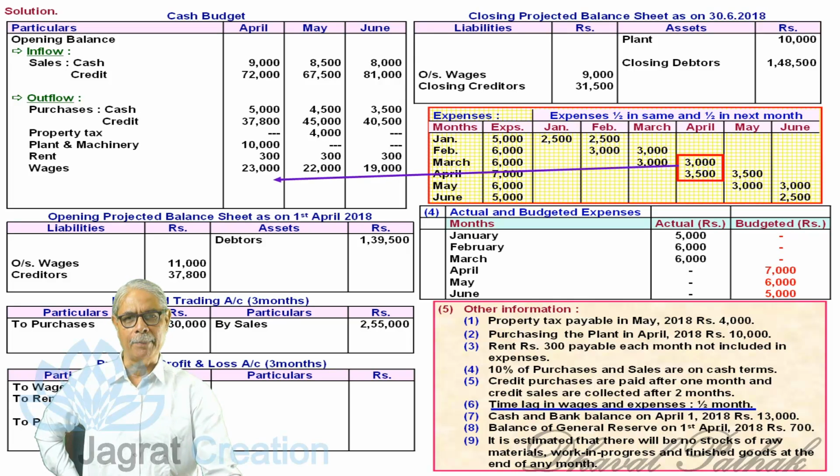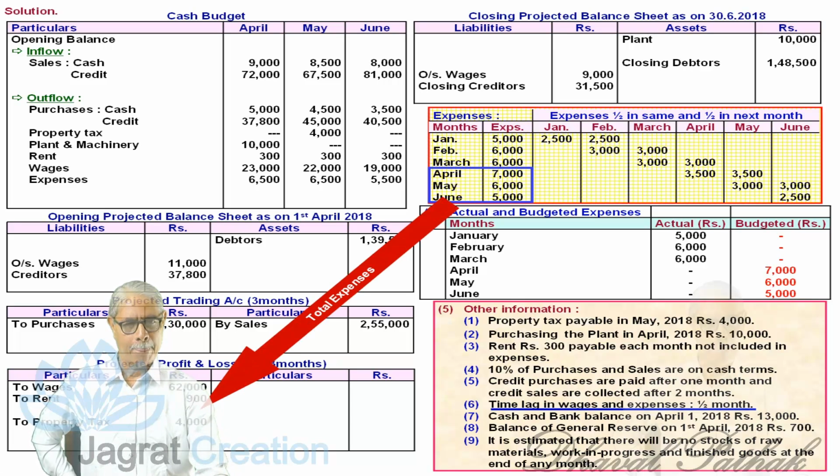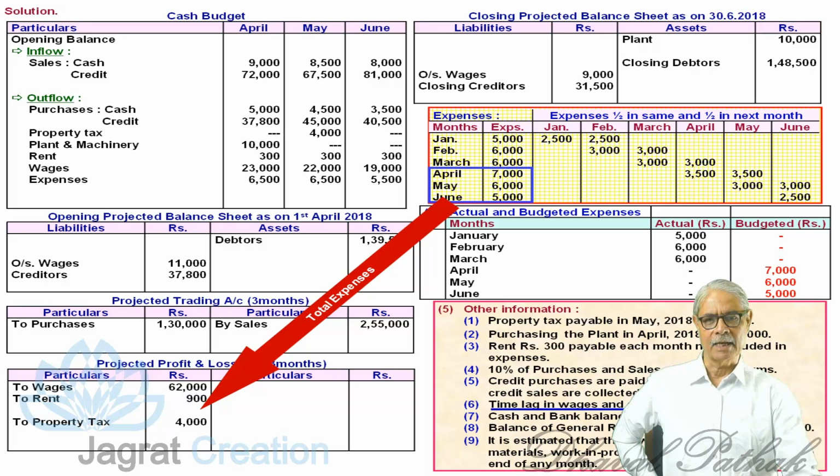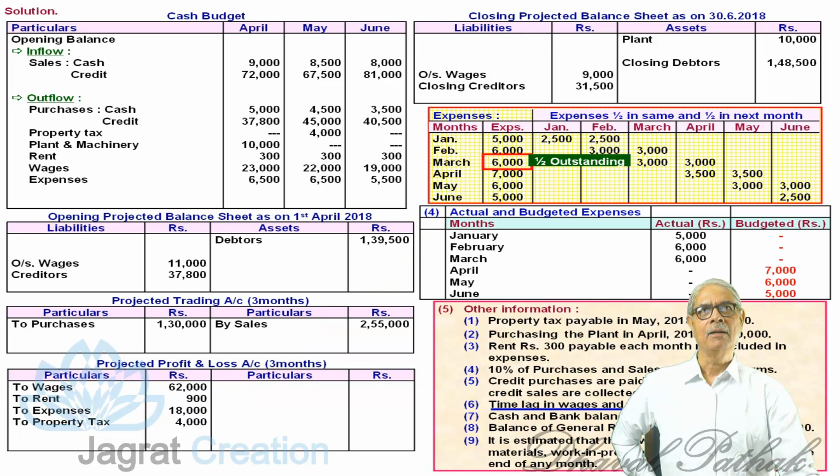So total payment in April for expenses, cash outflow recorded in cash budget, May 6,500 and same way June 6,500 recorded as cash outflow. Total wages and expenses I debit to the profit and loss account. Total 7,000 plus 6,000 plus 5,000 that I have debited to profit and loss account. March 6,000 wages, one half outstanding as on 31st of March.